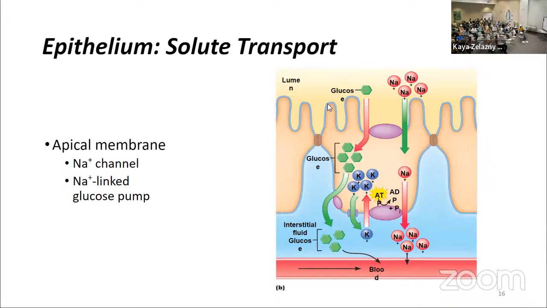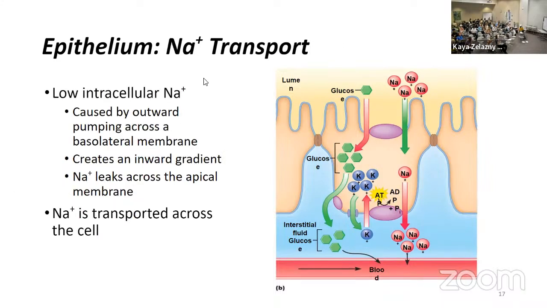Right. We are moving towards this area of low intracellular sodium. We've got low sodium inside the cells because we've been pumping sodium out across that basolateral membrane. This is creating that gradient in for sodium. And so sodium wants to come into the cell. Maybe it leaks a little bit, but we're also using that flow of sodium through this sodium glucose co-transporter pump.